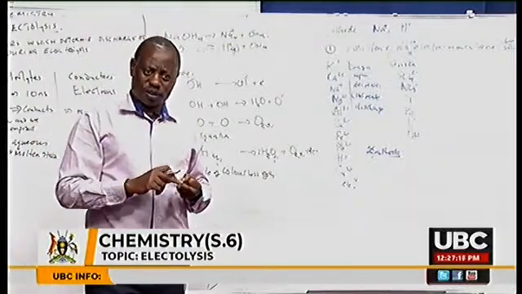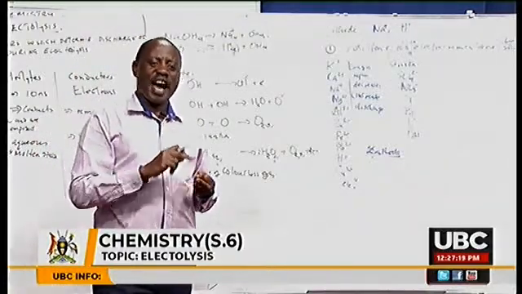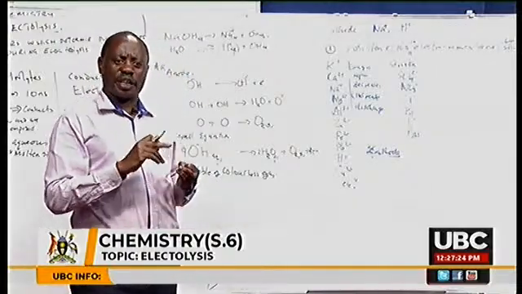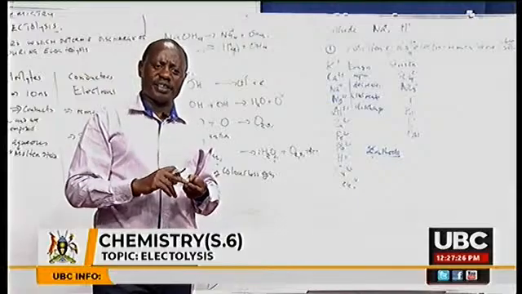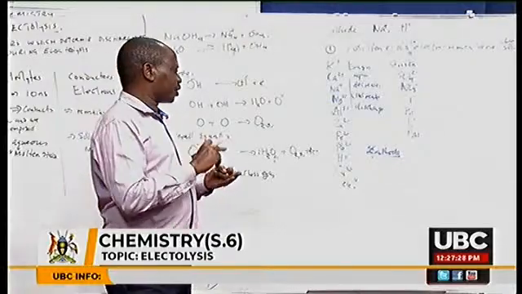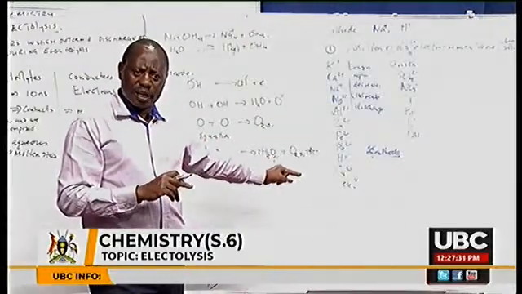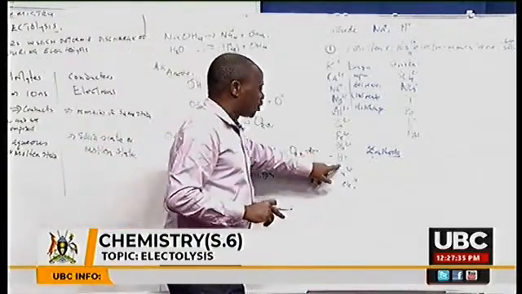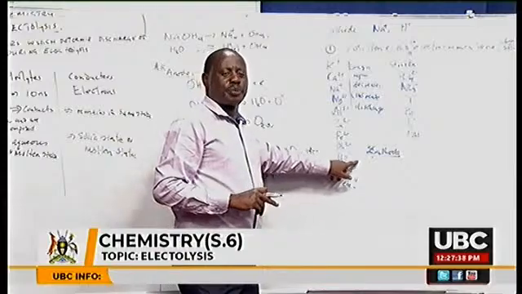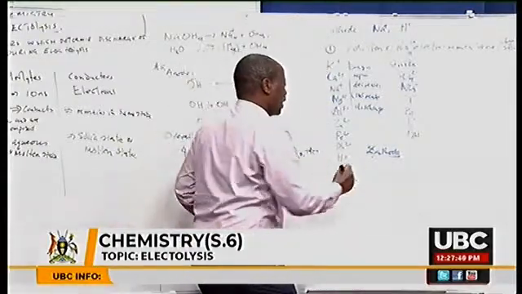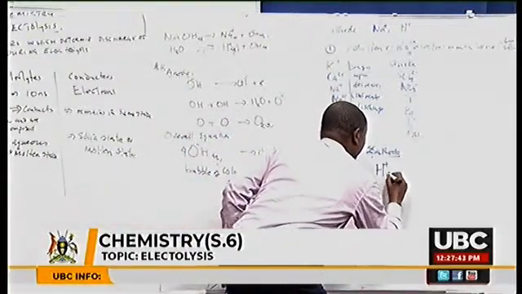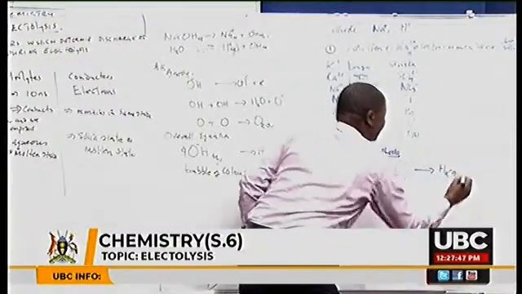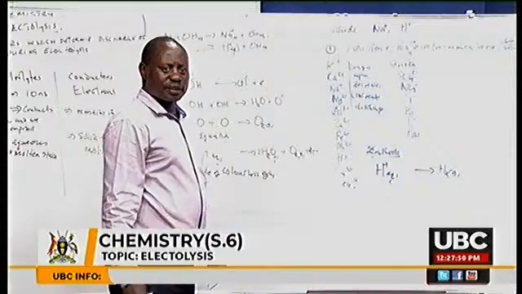The reason is hydrogen is below sodium in the electrochemical series, as shown on the blackboard. That means hydrogen ions require less energy to be discharged. So the hydrogen ions will be discharged to form hydrogen gas.